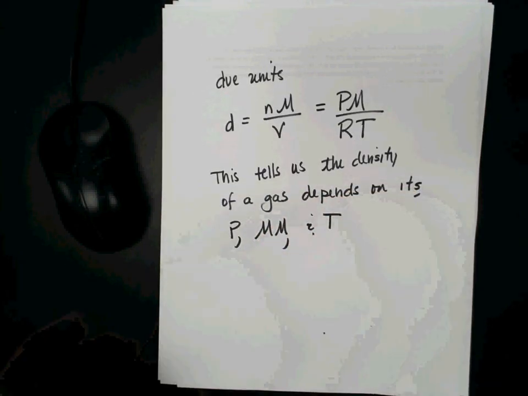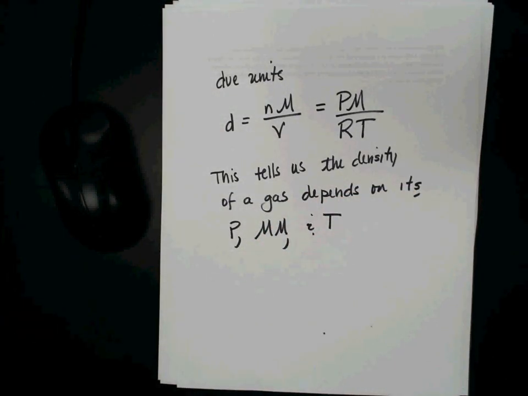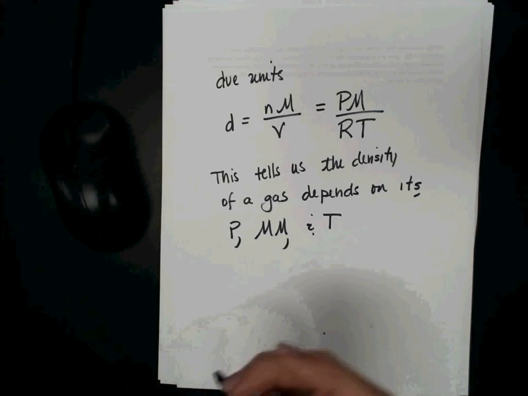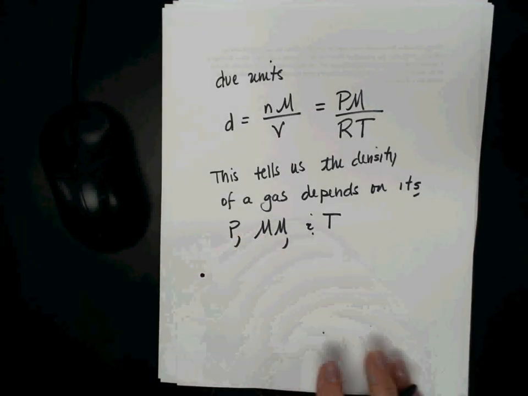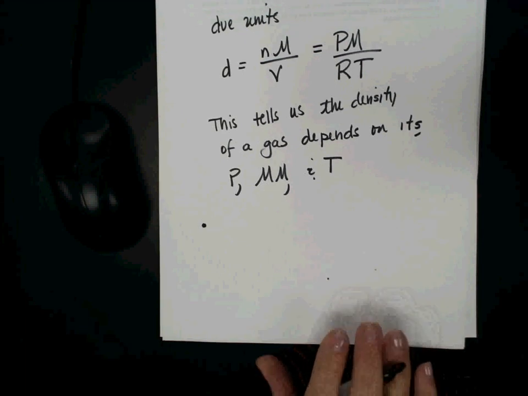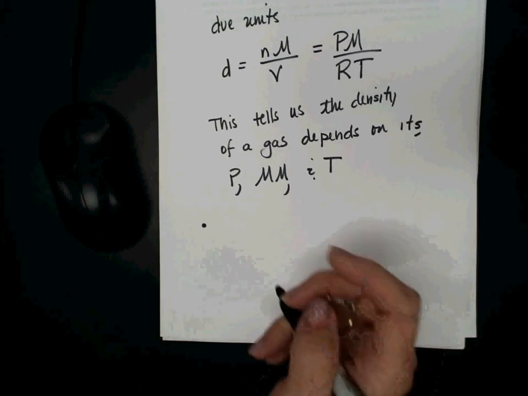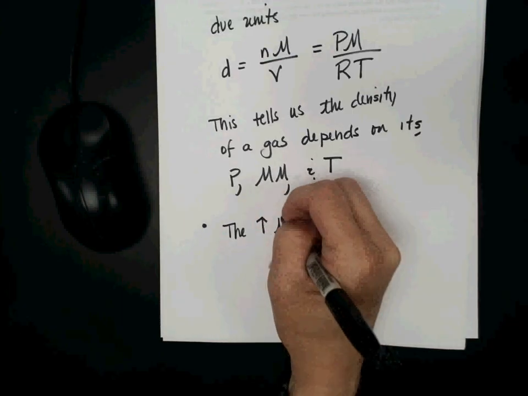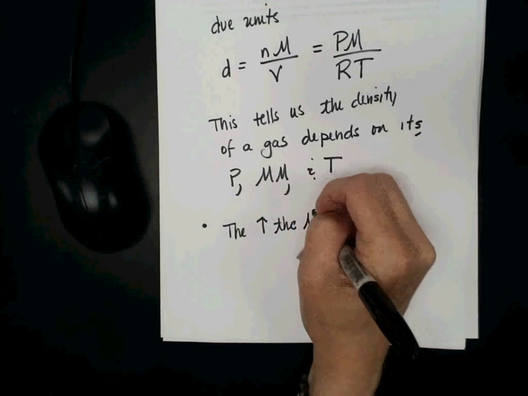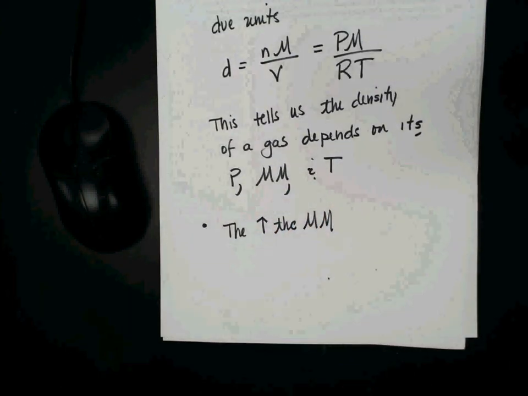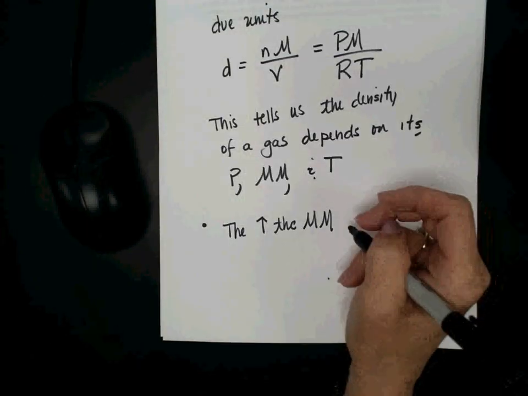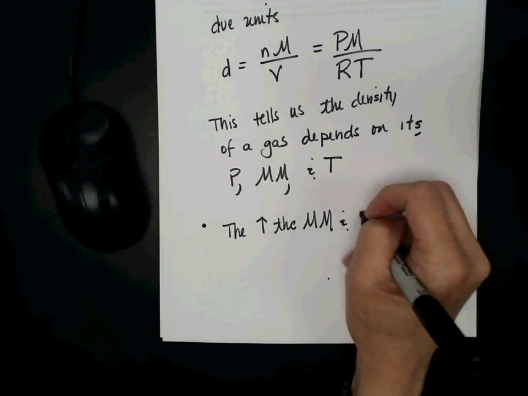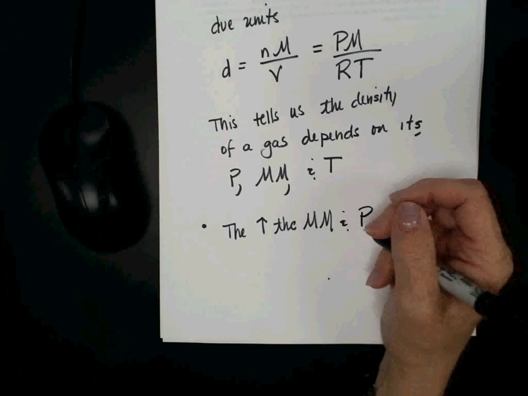So it's affected by all three of those things. And I can draw some assumptions from that, or I can make some statements by thinking about that. I could say the higher the molar mass and the pressure, the denser the gas.